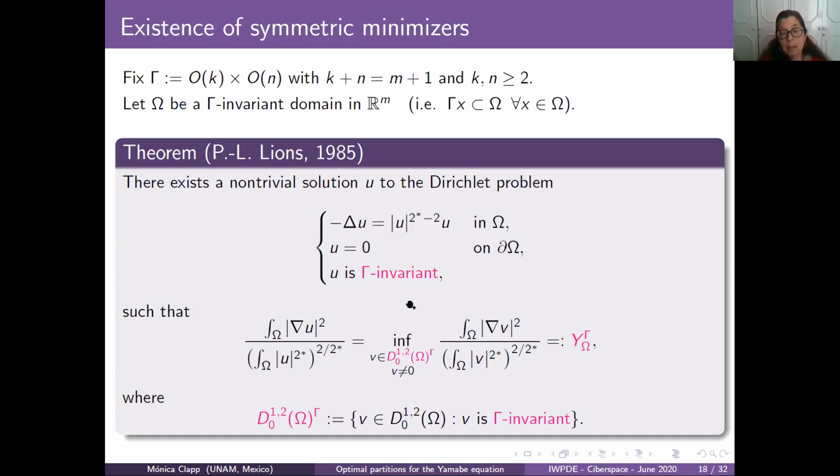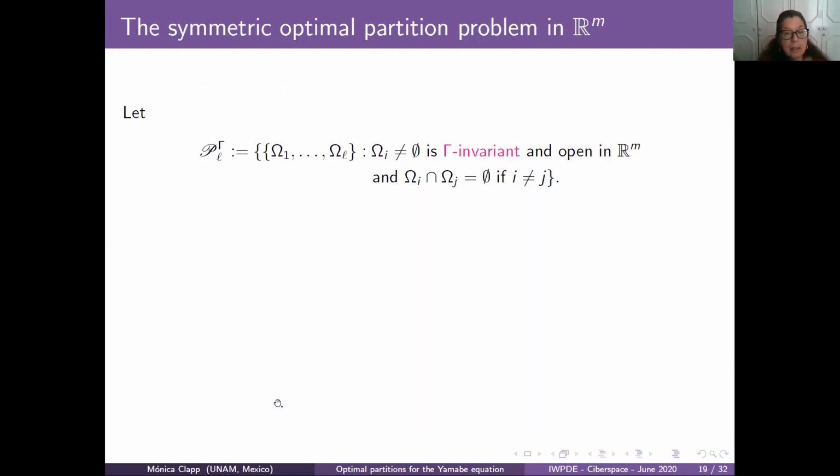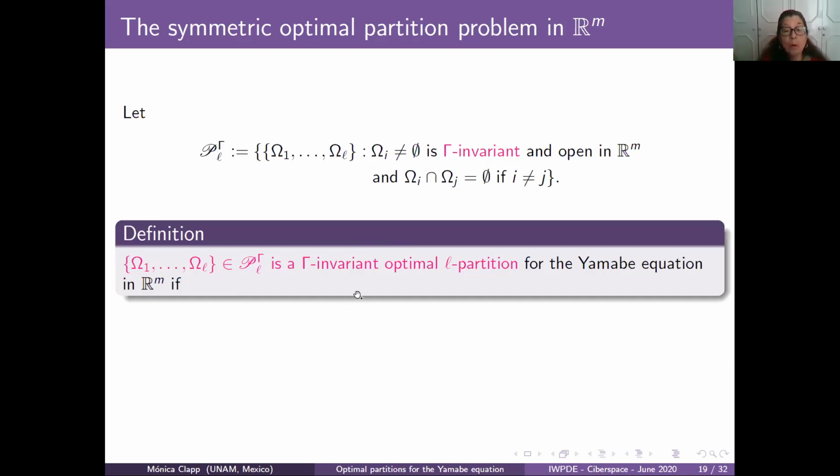And then, as Leon showed us, one has many solutions. In particular, one has a least energy solution, which minimizes the Yamabe invariant, where now this Yamabe invariant is taken over functions in the Sobolev space which are Gamma invariant. So we may look for partitions by open sets which are Gamma invariant. The definition is now very simple. What is a Gamma invariant optimal partition for the Yamabe equation?